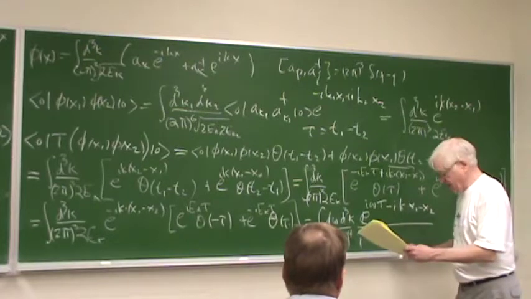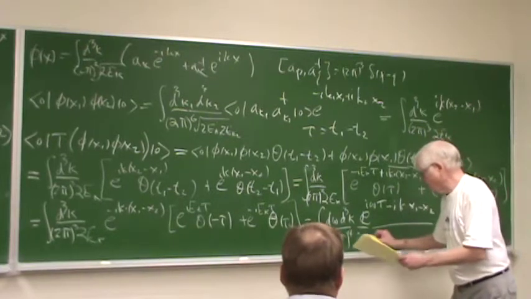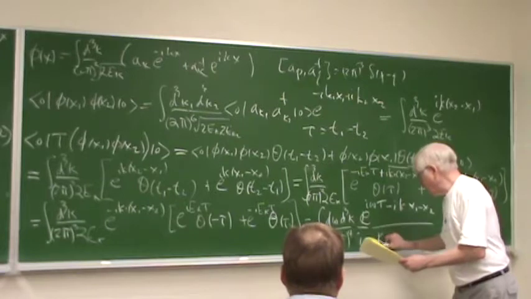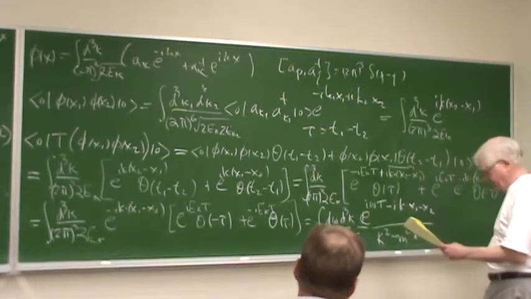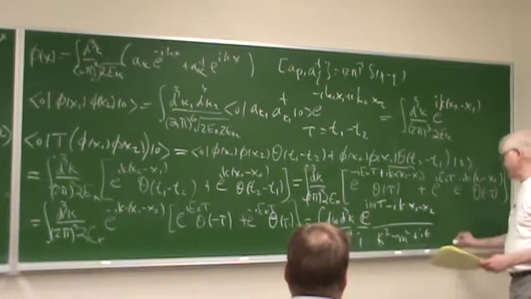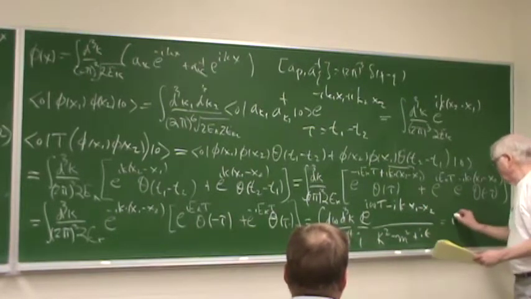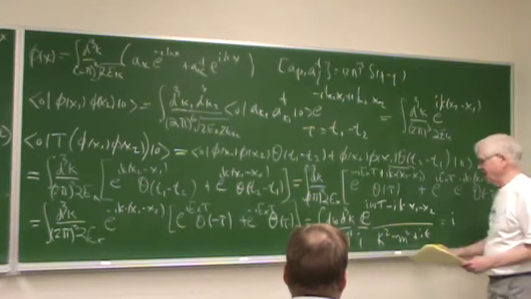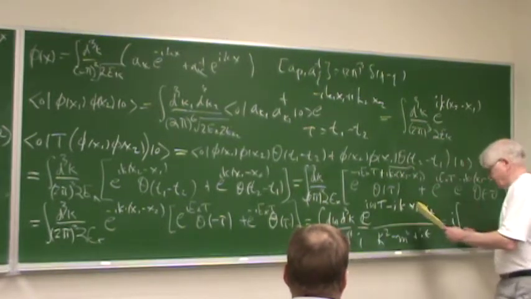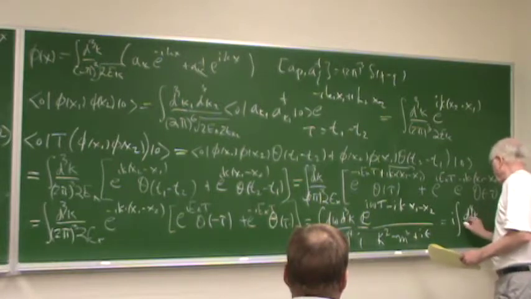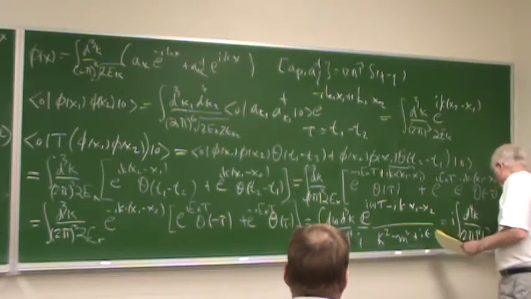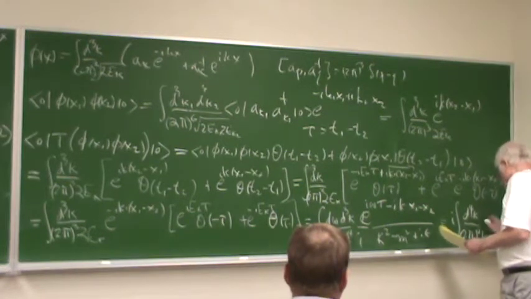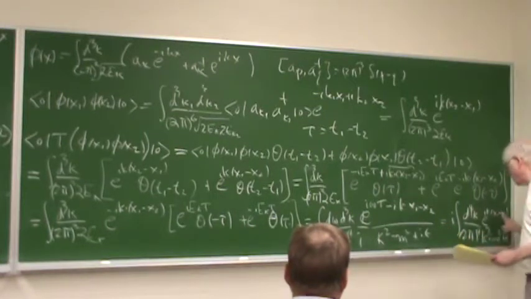And then what's in the denominator turns out to be k squared minus m squared plus i epsilon. And so, pulling out the i, there's a minus i. And so the whole thing is d4k over 2 pi to the 4th, over k squared minus m squared plus i epsilon, e to the i k, x1 minus x2, and that's the Lorentz product.